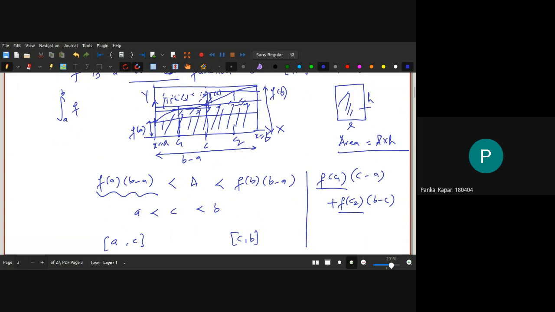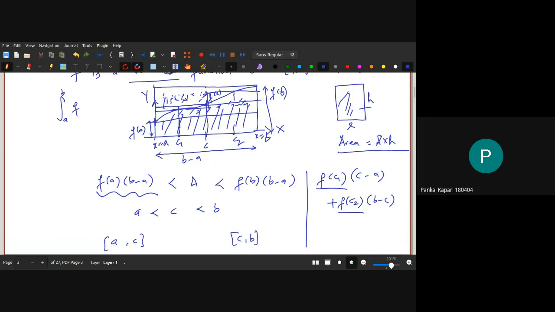Now you can see that we believe this sum is a better approximation of our actual area, right? Because it includes some part of the area under the curve, and that reduces the part which was outside the graph, right?